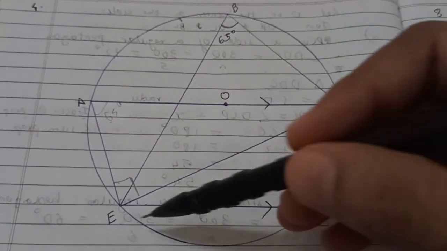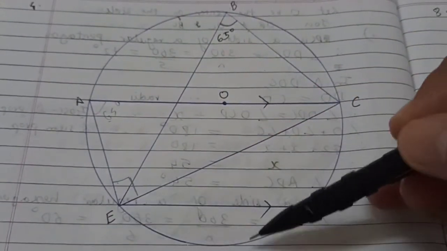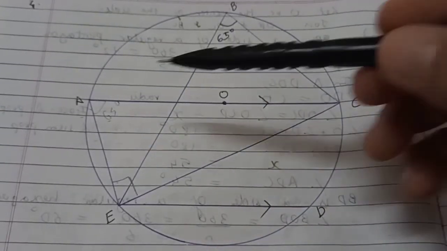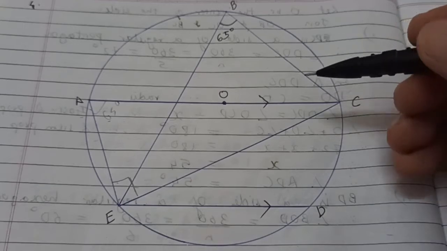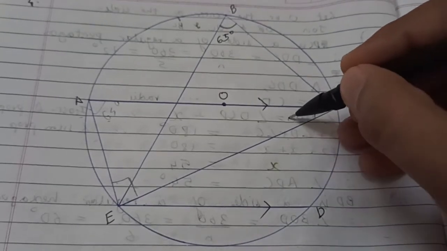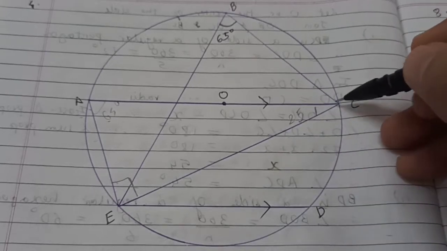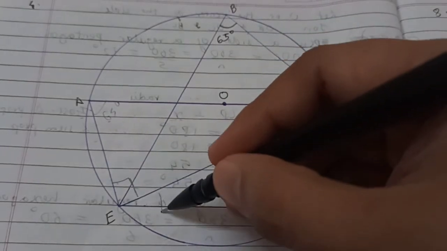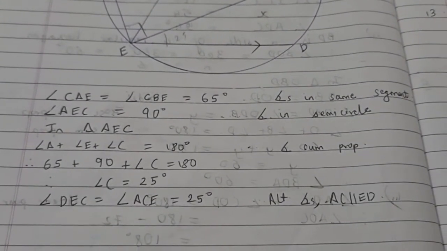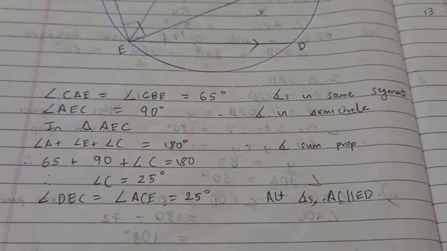They are cutting the same arc EC. Can you see that? In triangle AEC, I got 65 and 90. Angle sum property, I can find this, which comes out to be 25. And then it forms a Z, so alternate angle. So this is also 25. Here are the steps.